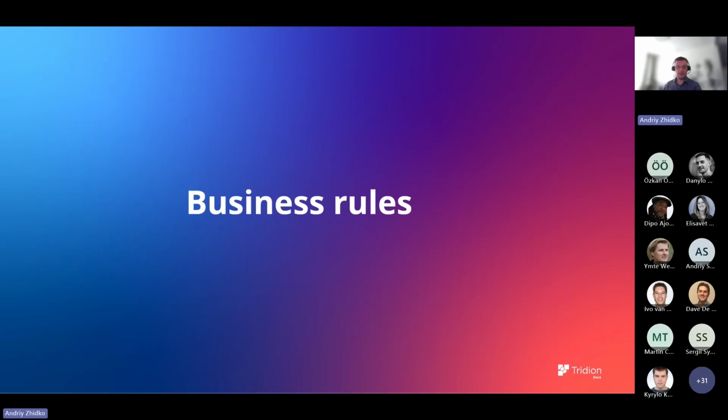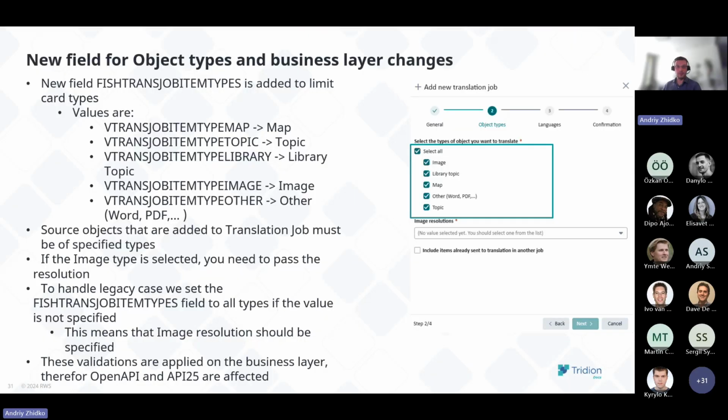So we will start with the business rules. Some of them you are aware of, some of them are new or changed. Let me walk you through the list. First we will start with the business rules that affect both public APIs, the SOAP API and WCF.